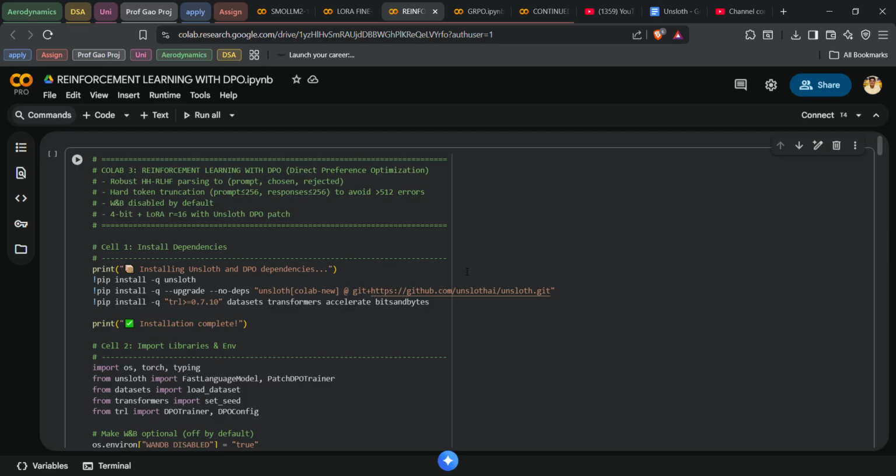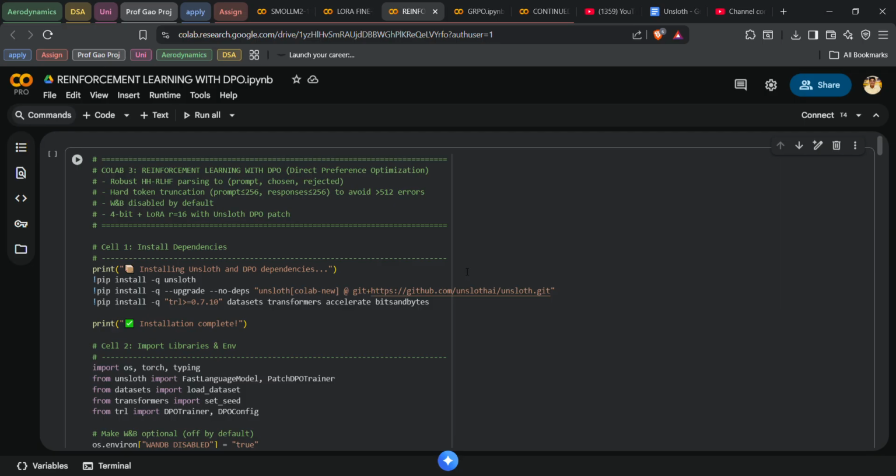Understanding DPO data. DPO requires a special dataset format with three columns: prompt, chosen response, and rejected response. We are using the Anthropic HH-RLHF dataset, which contains human preferences, and each entry has a prompt like "How can I be more productive?" Then there is a chosen response that's helpful and detailed, and a rejected response that's unhelpful or harmful.